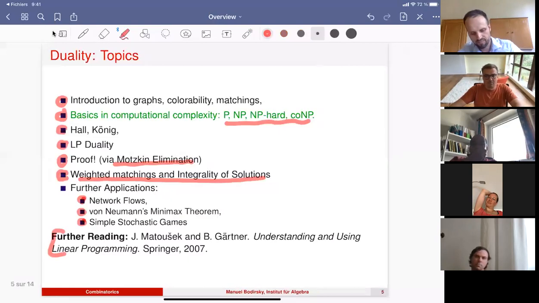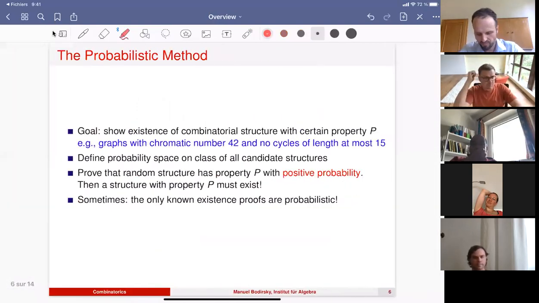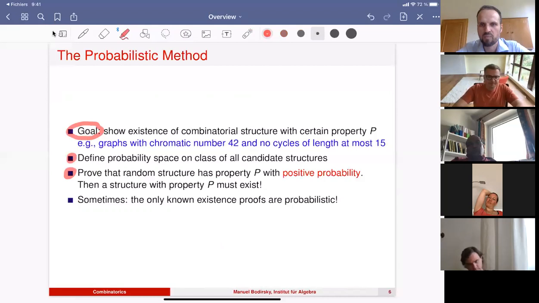All right, then we have the probabilistic method. I already told you, the goal here is to show that certain objects exist. I have already outlined this: define the right probability space, prove that a random object from this probability space has the property with positive probability, then such an object must exist. Sometimes the random objects even have the property with high probability, with probability tending towards 1.